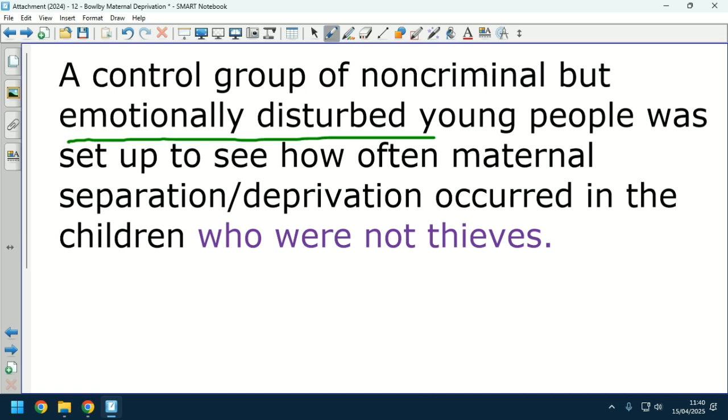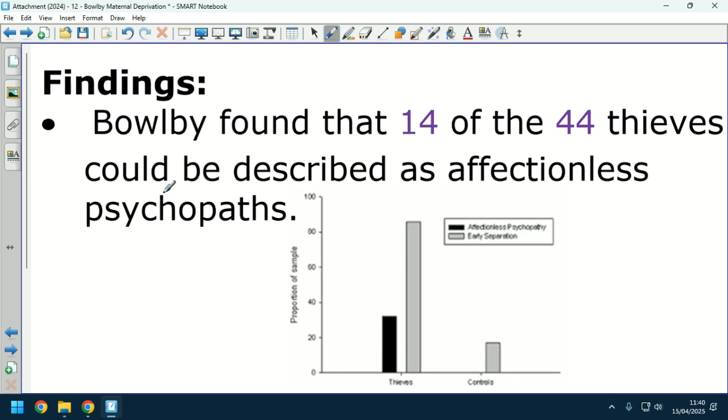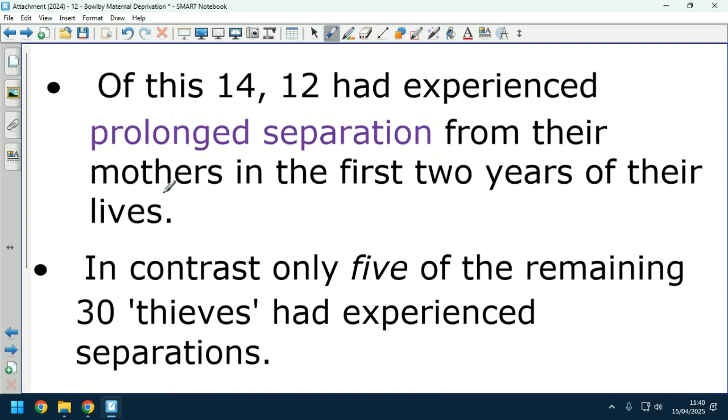So ultimately we got 88 people in his study. But what we find here is a quite clear contrast: out of the thieves, a significant number, 14 of them, were considered to be affectionless psychopaths. That's quite a large percentage. He then goes into those 14, and we see that 12 of them, a very high percentage, actually had prolonged separations.